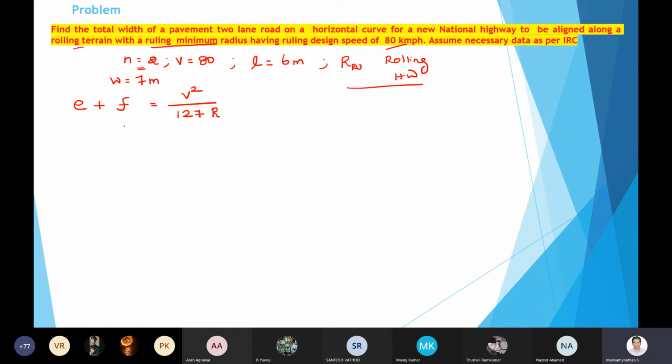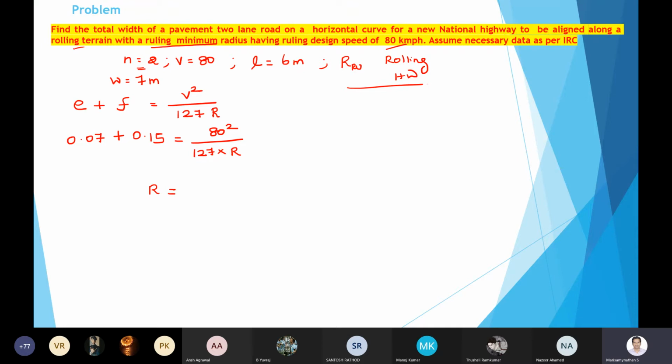But as I told, as per the IRC, the allowable e value is 0.07. Then the lateral friction coefficient is 0.15. V squared is 80 squared divided by 127 into R.